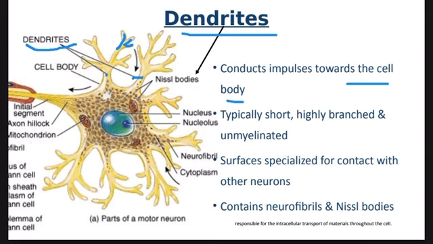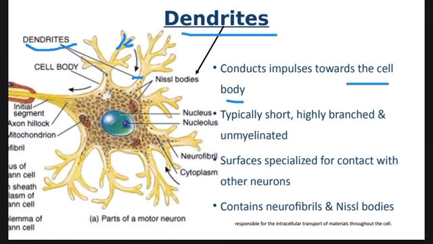They just receive information and direct it into the cell body. In general, remember it like a branch road. A branch road, for example, leads to the main road or the city center. This is what it does.